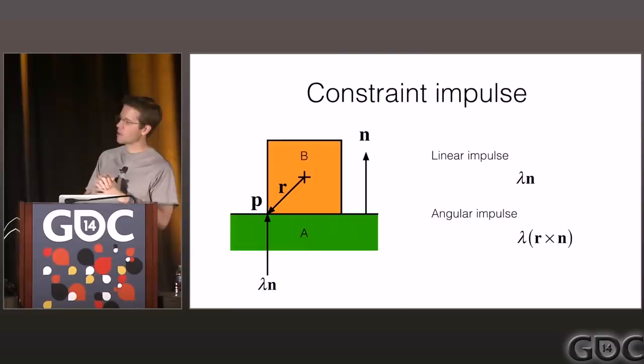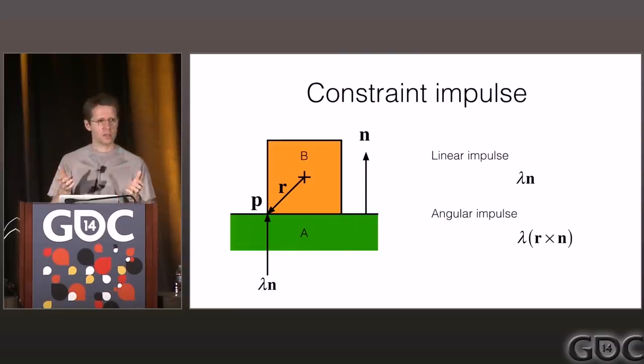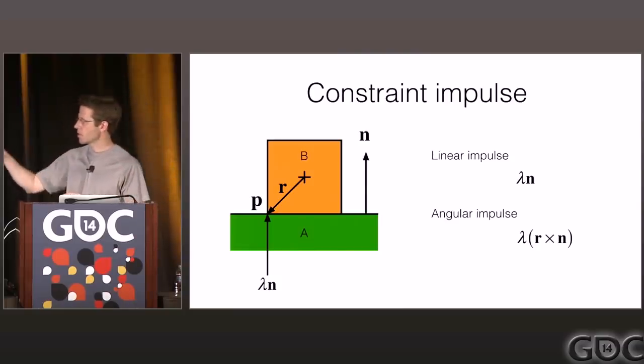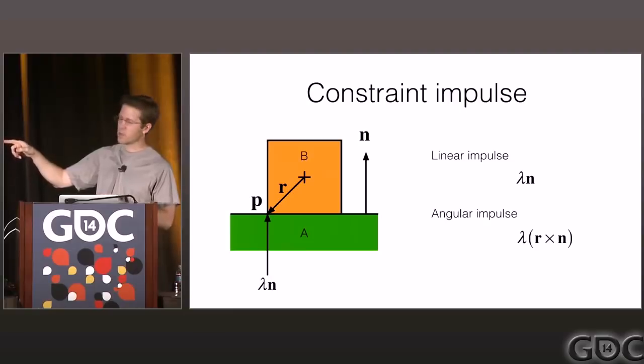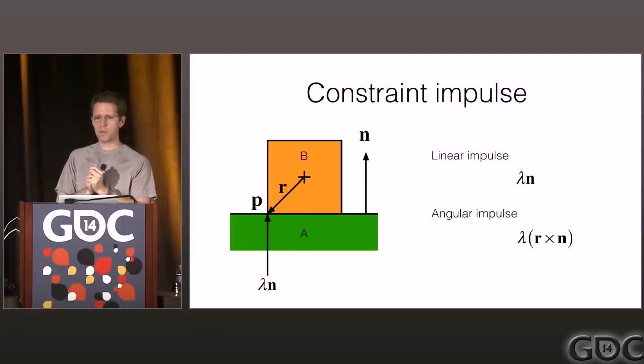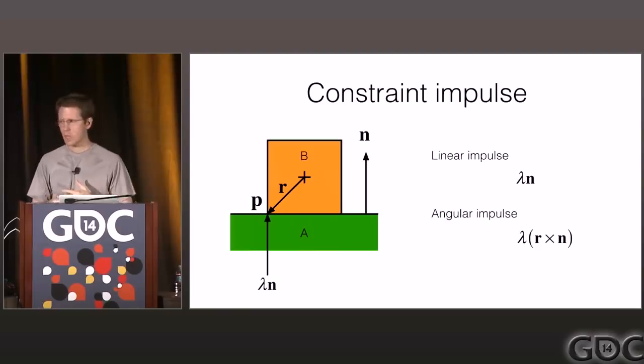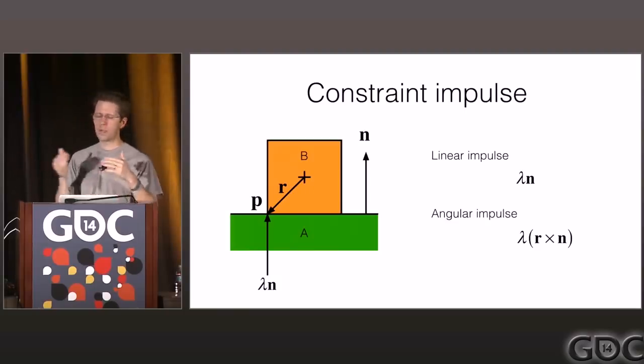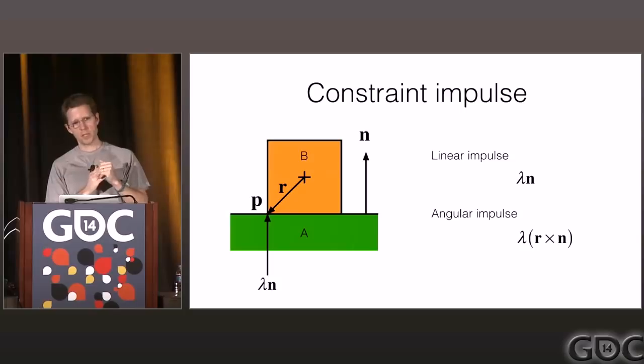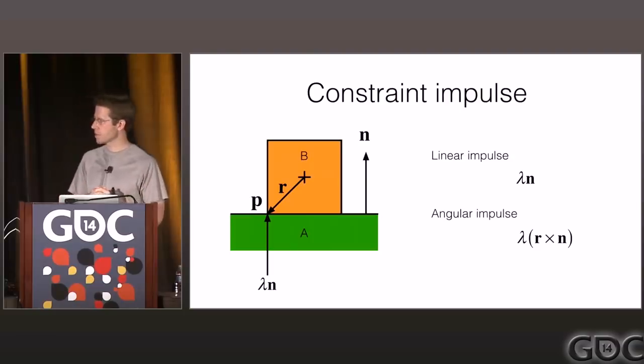So I need to also express what the angular effect from that impulse is. And so I have this symbol here, lambda. Lambda represents the signed magnitude of the impulse. I know where the impulse is applied. I know the direction of the impulse. All I need to figure out is, okay, what is the value of lambda to satisfy the velocity constraint?